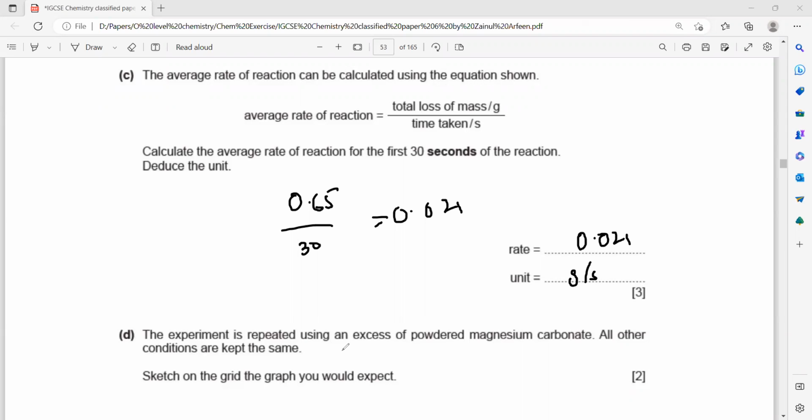Then the experiment was repeated using an excess of magnesium carbonate with all other conditions the same. Sketch on the graph what you expect. It will be steeper.